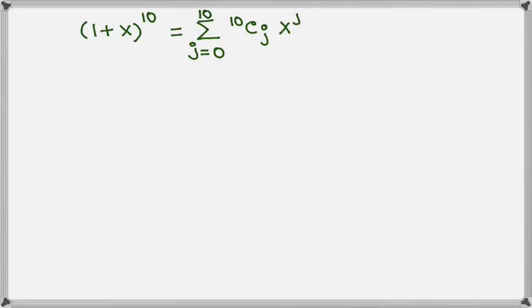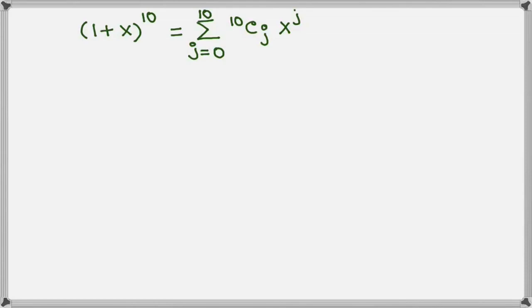Let us start with the binomial expansion of (1 plus x) to the power 10. We know that this is equal to the sum running from j equals 0 up to 10 of Cj into x to the power j. We take the derivative on both sides of this polynomial equation.